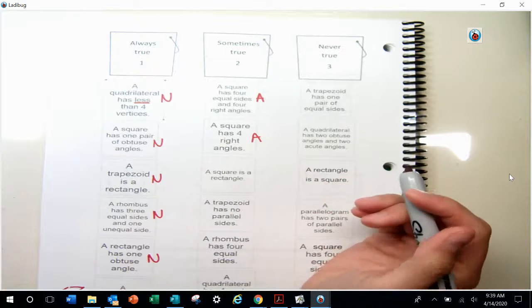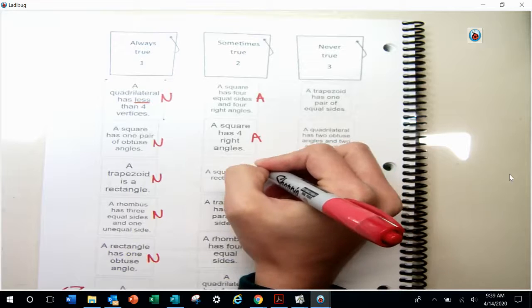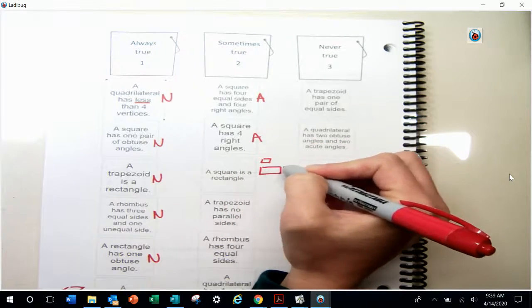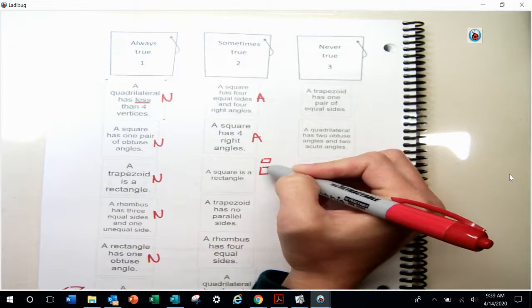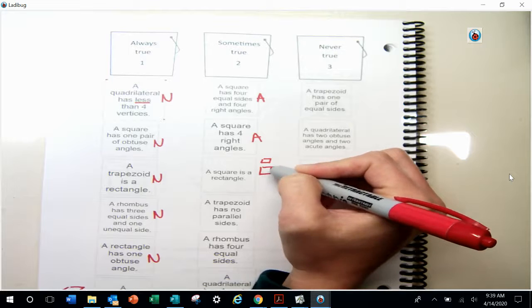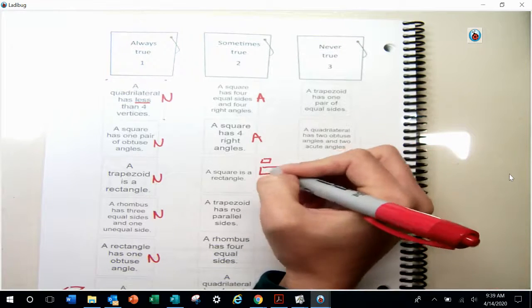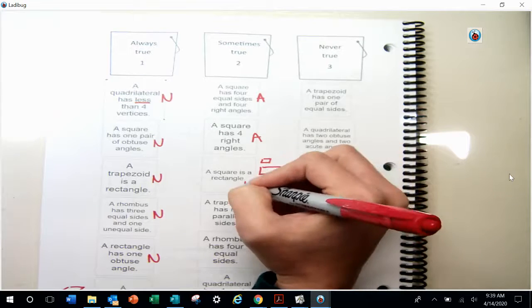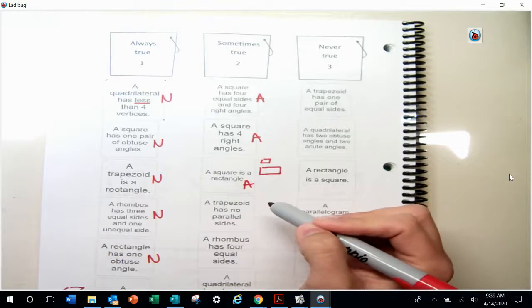Does a square meet the definition of a rectangle? A rectangle has 4 90-degree angles, and all sides are equal to another, and 4 90-degree angles. Is that true of a square? Yes. So a square is always going to be a rectangle.